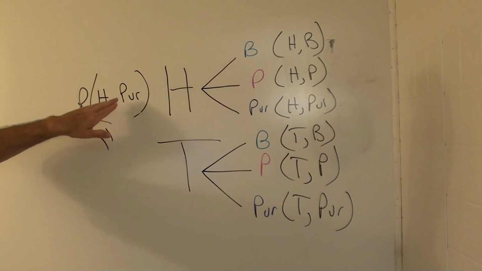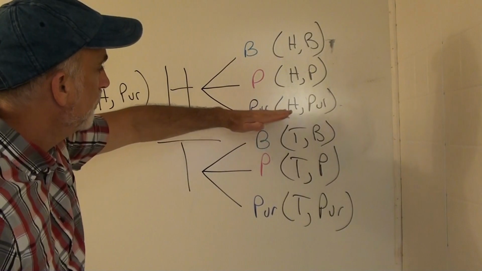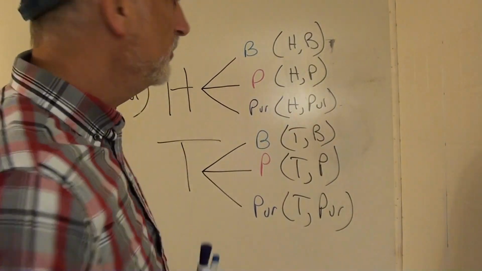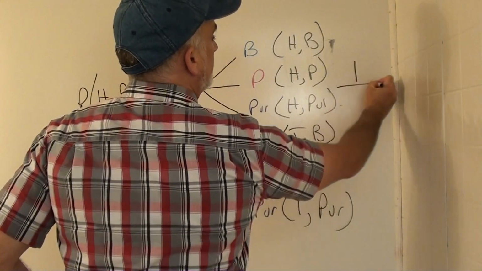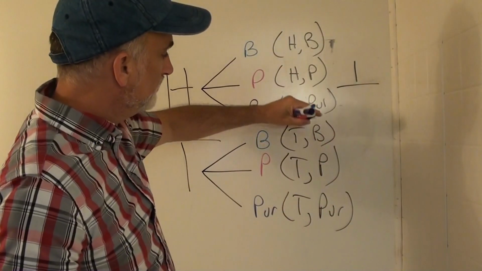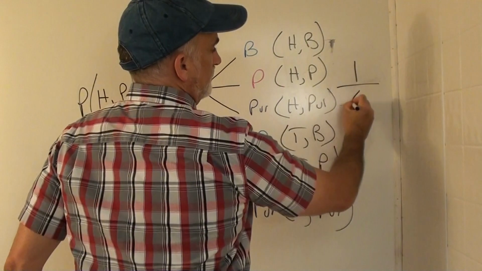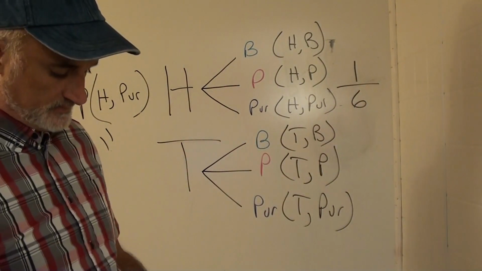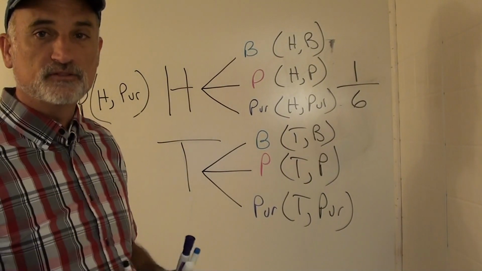Heads to purple. Only one event. So what we would do is put that in the numerator. And then we counted 6 possible outcomes, which would end up being in the denominator. Okay?